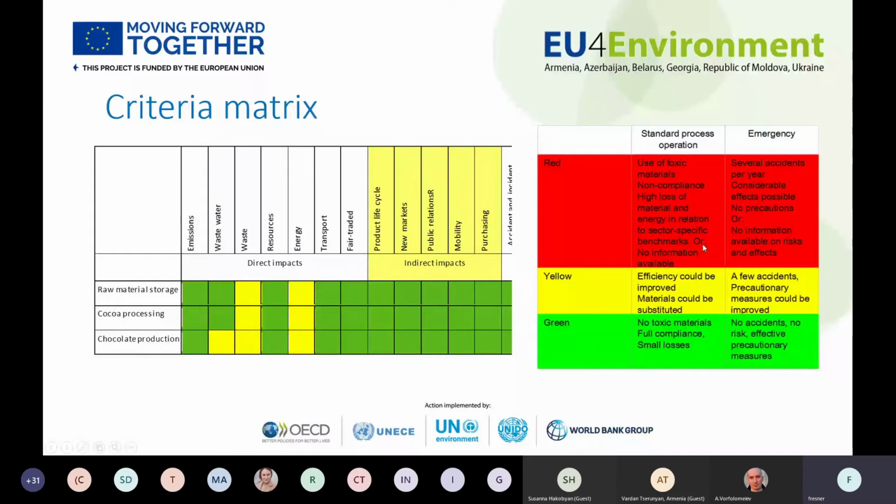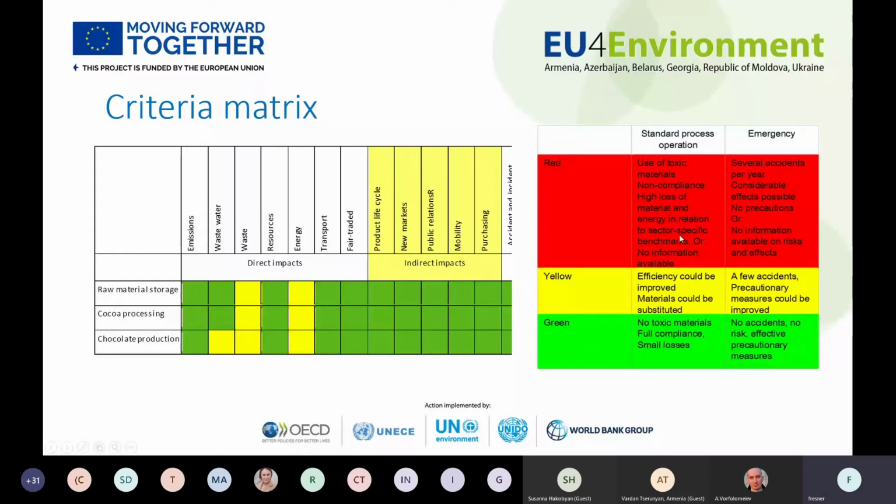No information would put this area also in the red light. And red light means measures are necessary. And measures can be organizational measures, which means that there are better regulations, better organization for this area, reducing these problems, or can be technical measures.